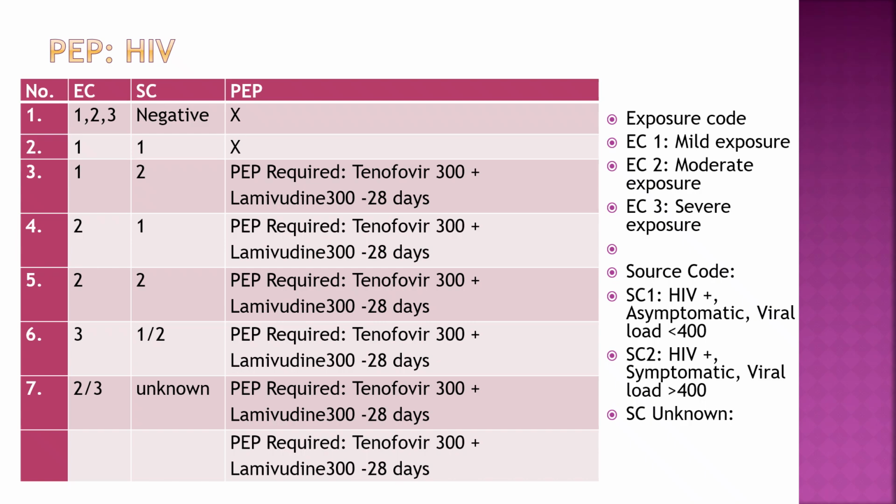Exposure code 2, source code 1, PEP required for 28 days. Exposure code 2 and source code 2, PEP required, tenofovir 300, lamivudine 300 for 28 days. Exposure code 3, source code 1 or 2, PEP required. Exposure code 2 or 3 and source code unknown, PEP required.